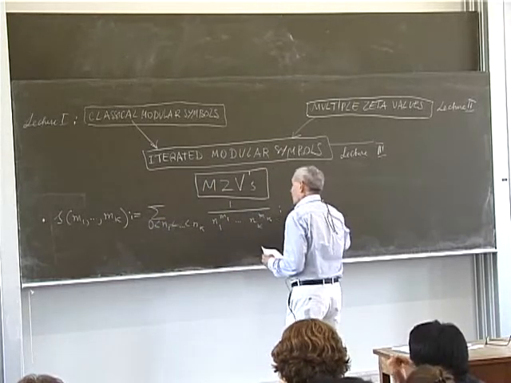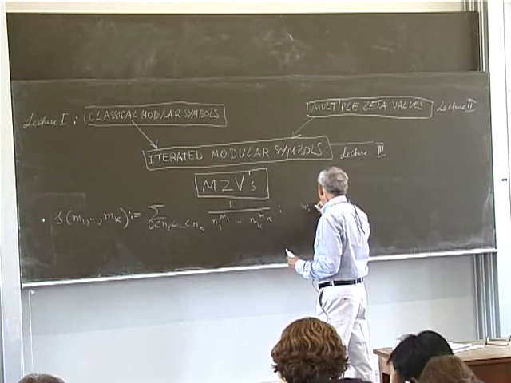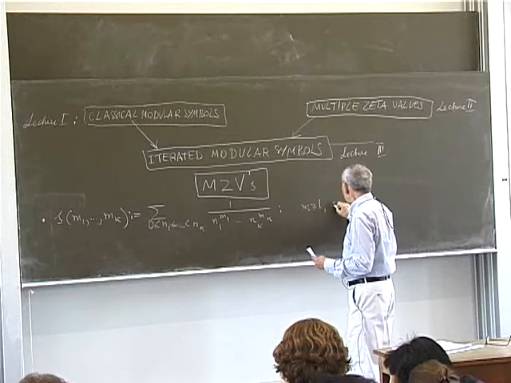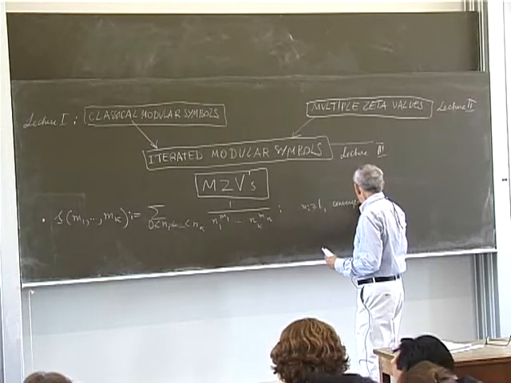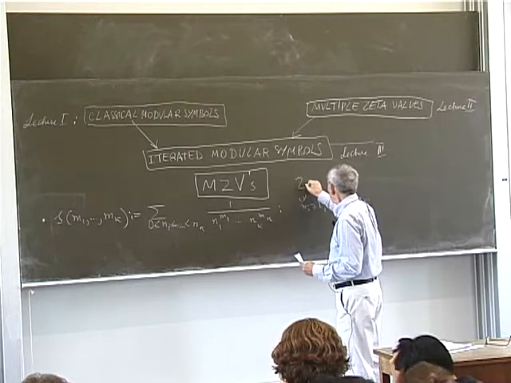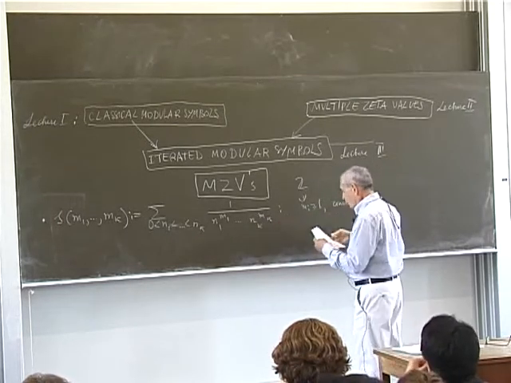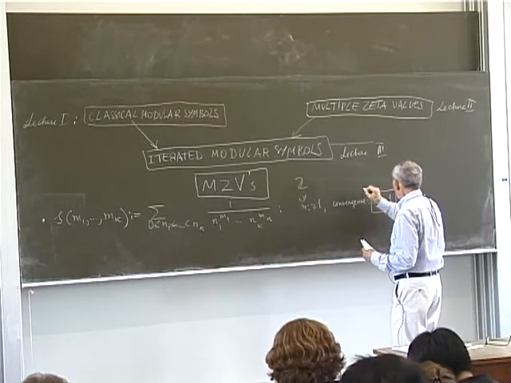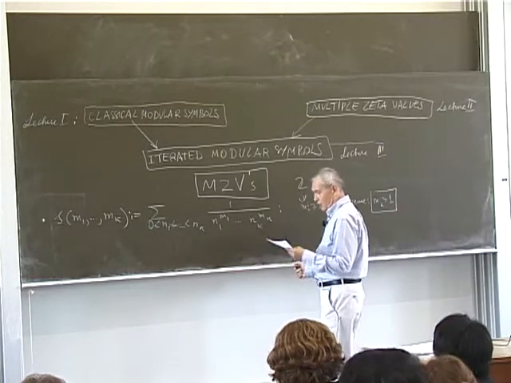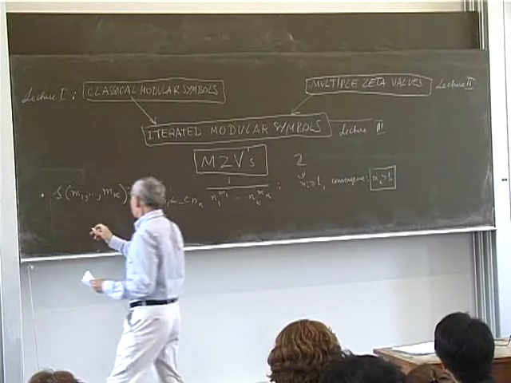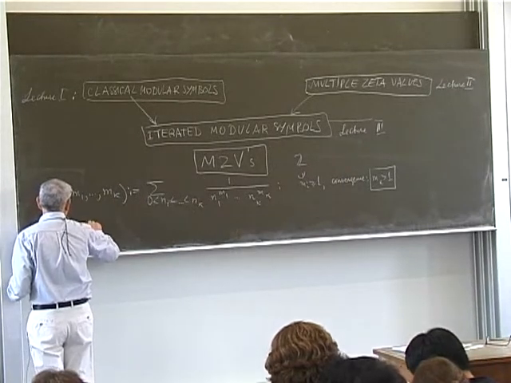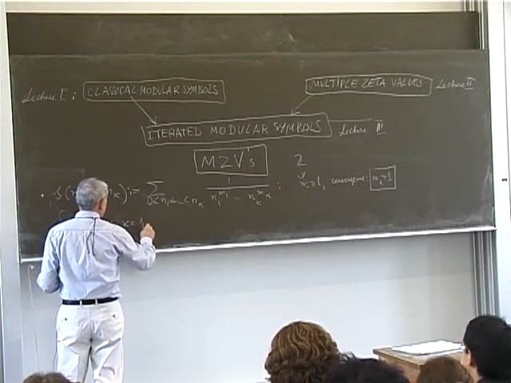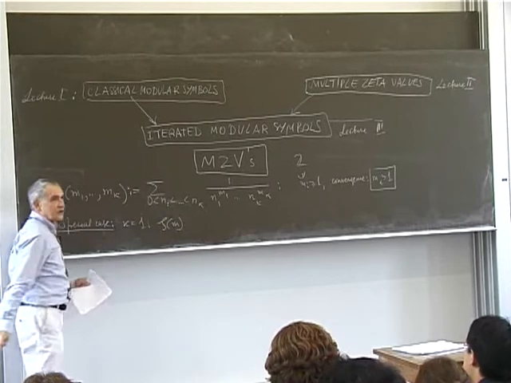The m_i will be positive integers, and for convergence, we need the last one to be at least 2. So this is the definition. And of course, a special case is when k equals 1, so we get just the usual values of zeta at integers.